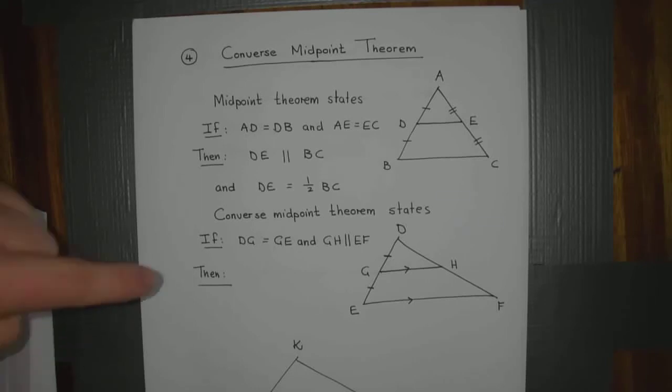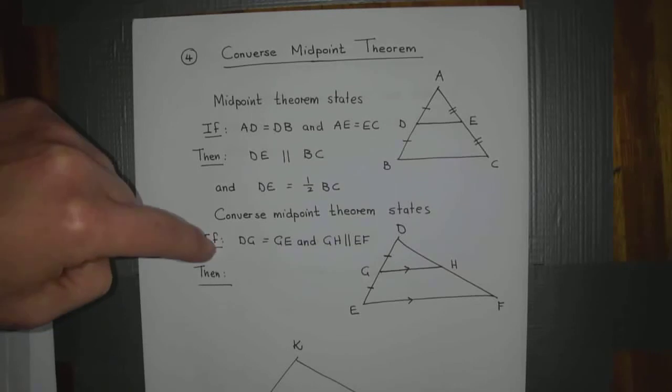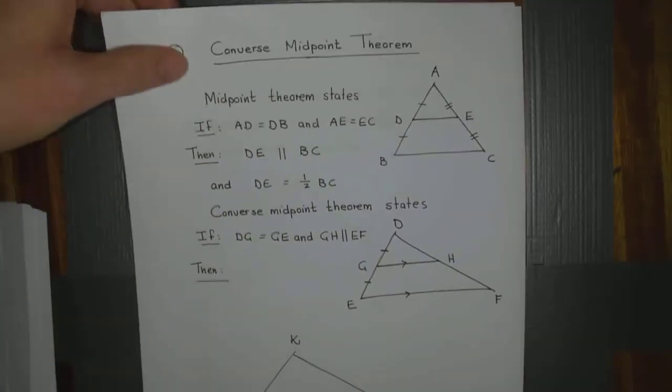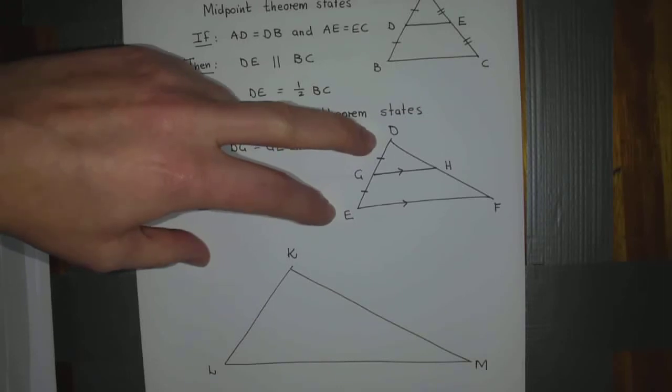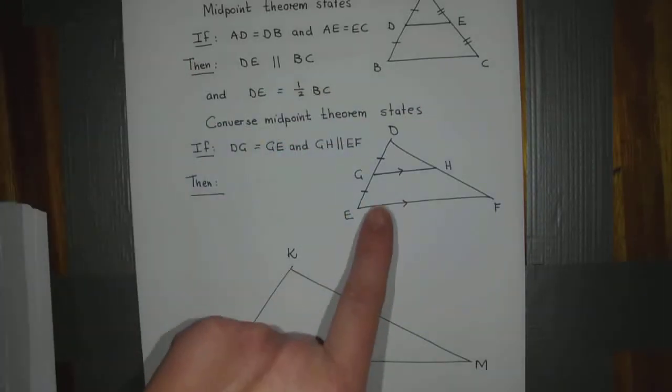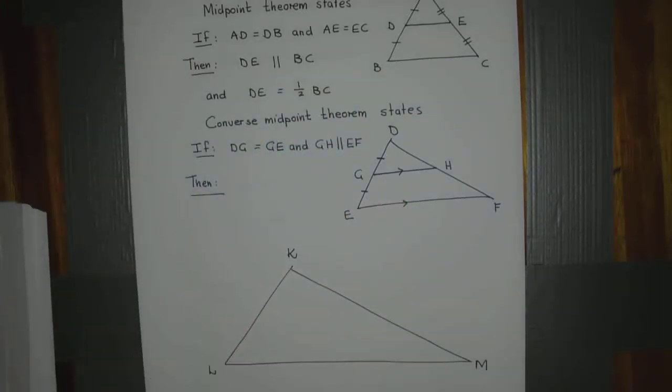Now, the converse midpoint theorem says, if I know that this is the midpoint, so G is the midpoint of line DE, I know it's the midpoint, and I know these two lines are parallel, what's the deduction with the converse midpoint theorem? You remember? Come on, try.